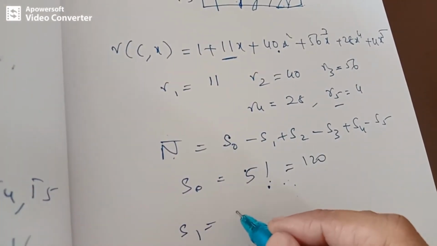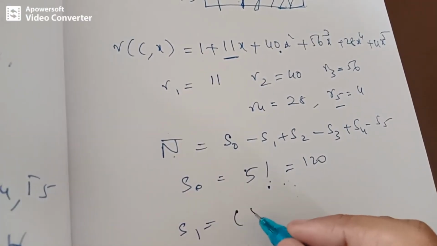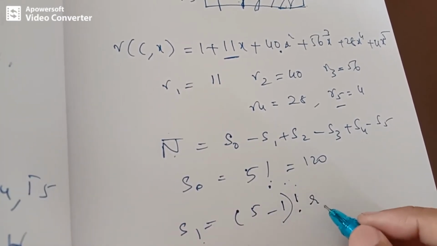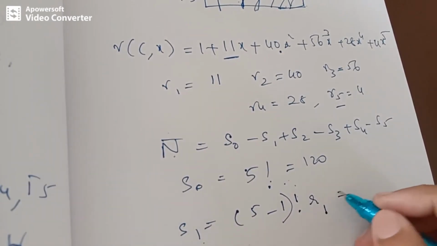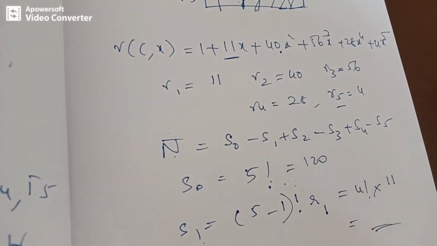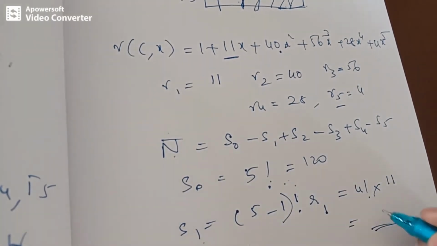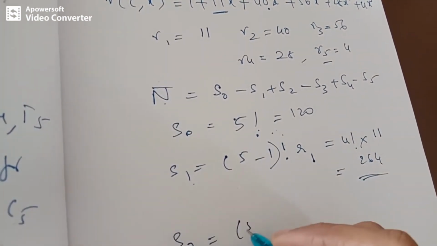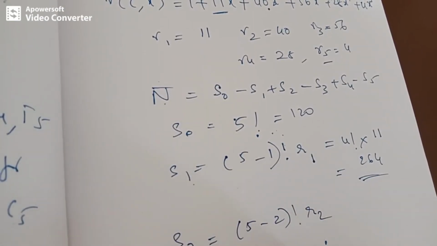When S0 is done, S1 is given by n minus k, 5 minus k where k is 1, whole factorial into Rk, which is R1. So that is nothing but 4 factorial into R1, which is 11. If we calculate this, we will get 264. Next, the value of S2 is 5 minus 2, the whole factorial into R2, which is 3 factorial into R2 value 40.